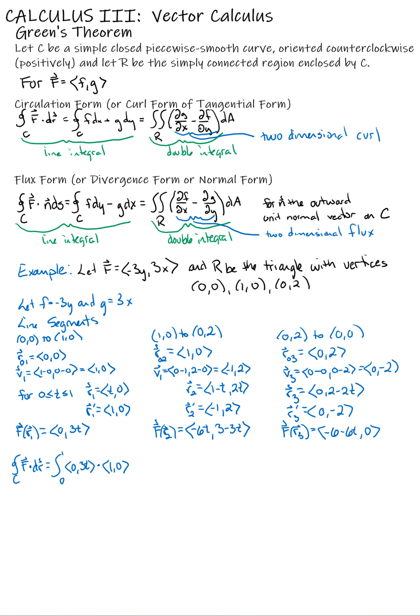So notice, and this is integrating with respect to t, all I'm doing is taking f dotted with r prime. So f evaluated at r1 dotted with r1 prime. We'll do the same thing for the others.